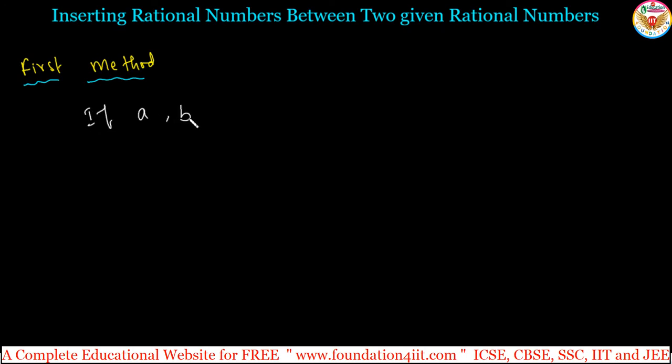If a comma b are two rational numbers, that means like 2 comma 3, 5 comma 7, 3 comma 4, like this, then a plus b by 2 is also a rational number that's exactly between a and b.